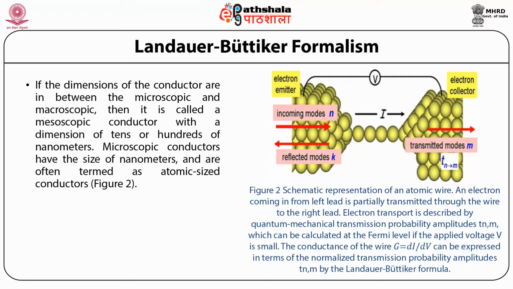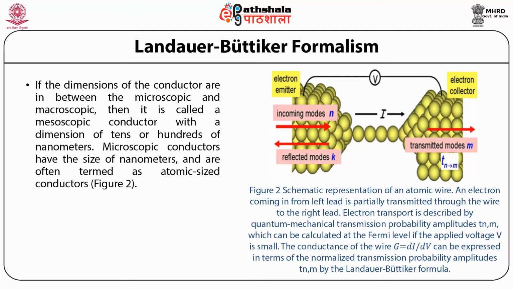Electron transport is described by quantum mechanical transmission probability amplitudes T_NM, which can be calculated at the Fermi level if the applied voltage V is small.